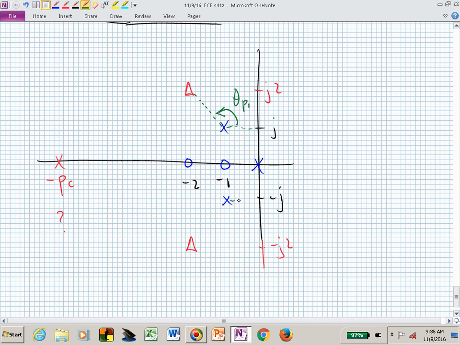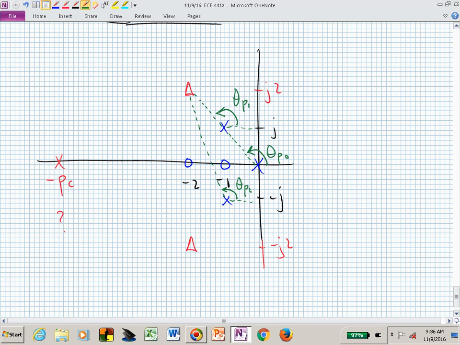This pole factor contributes this angle. Let's call that theta p sub 2. And this pole contributes an angle theta sub p sub 0.